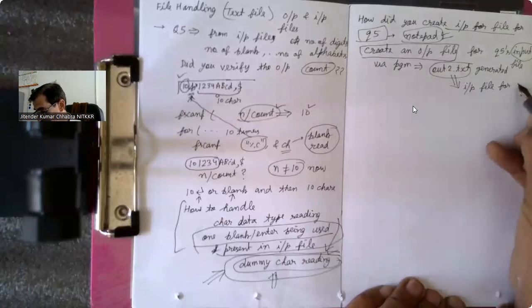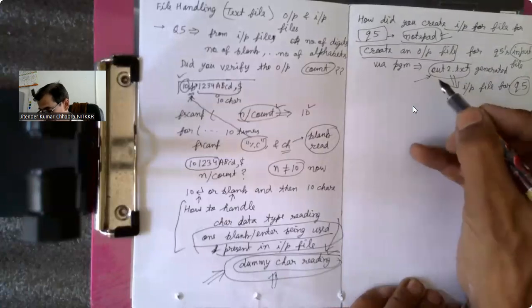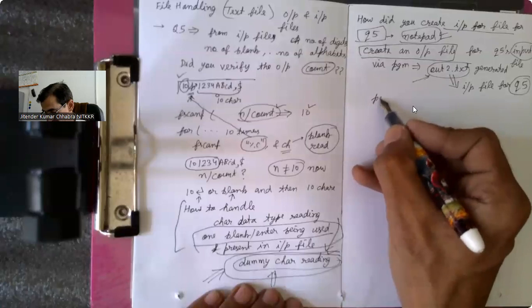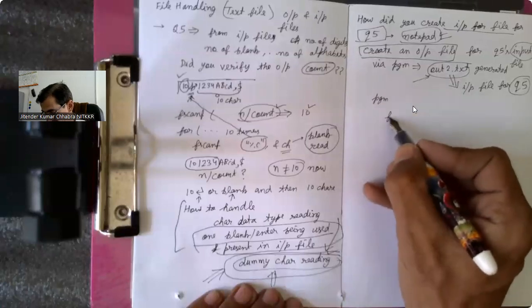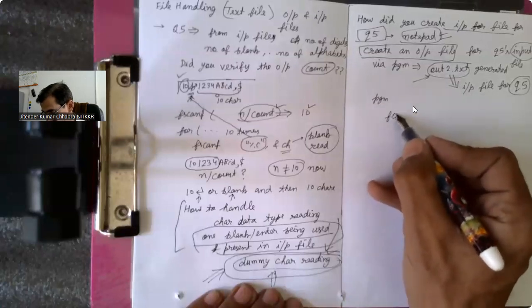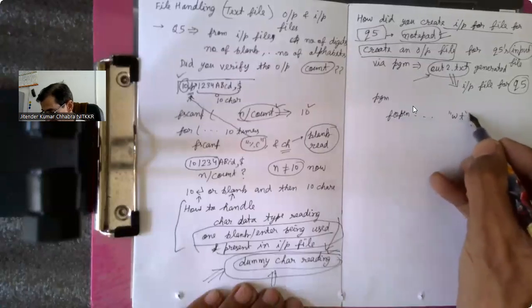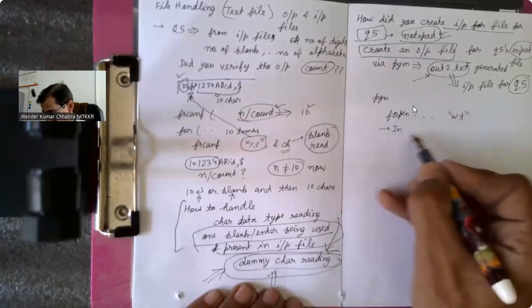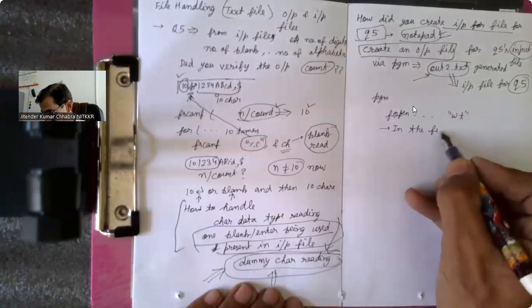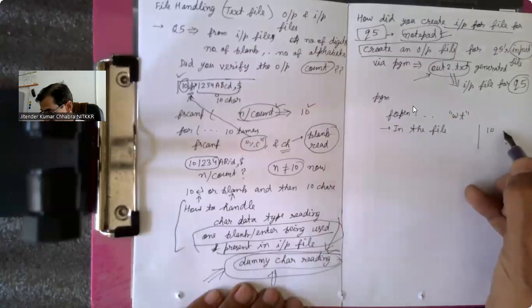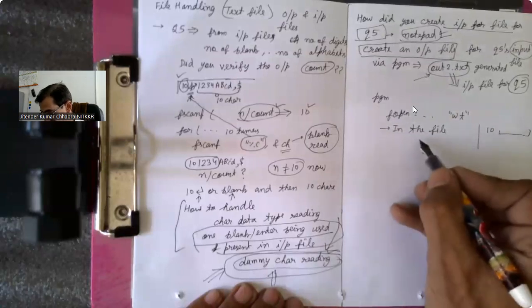So I want to generate this out2.txt through a program. That means I want to write a program where I will use fprintf, fopen, and a file name that I will ask for, which will be a write file. And in the file, you will write your n, let's say 10, followed by some symbols you will read.